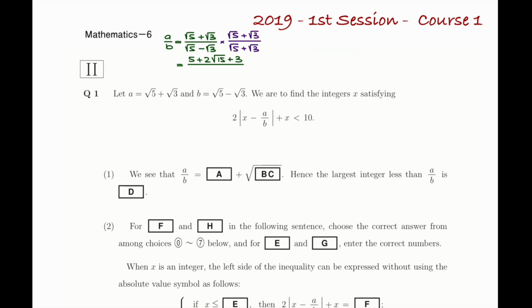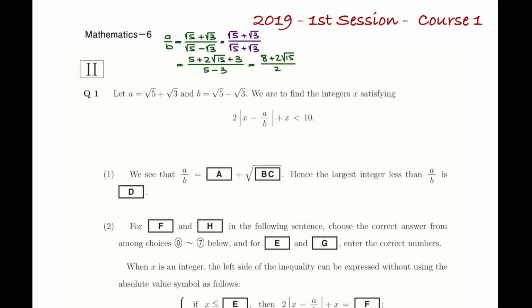Then for the denominator, I got square root of 5 squared, which is 5, minus square root of 3 squared, which is 3. And then if we simplify this expression, 5 plus 3 is equal to 8 plus 2 square root of 15 over 5 minus 3, which is equal to 2.